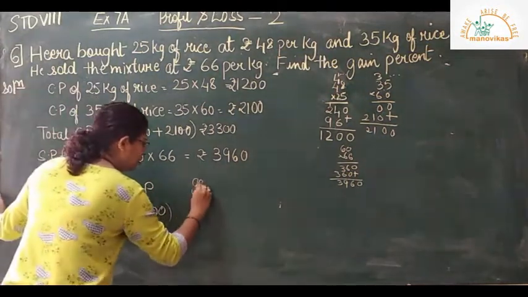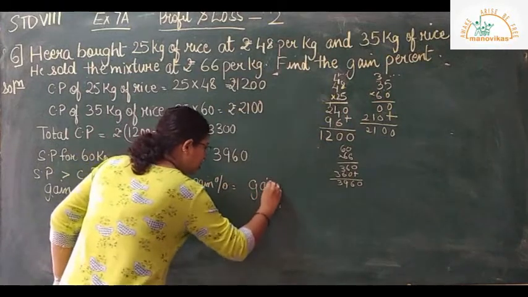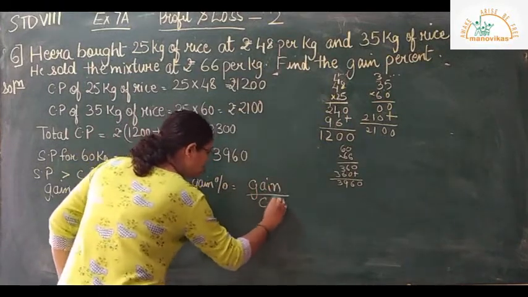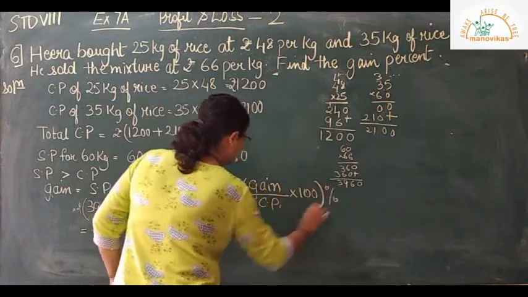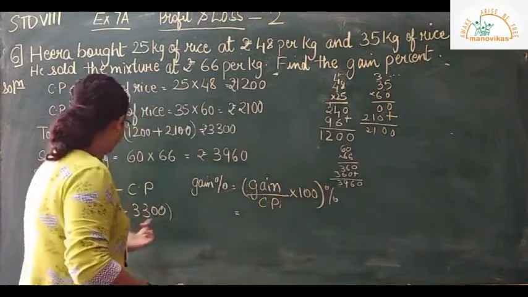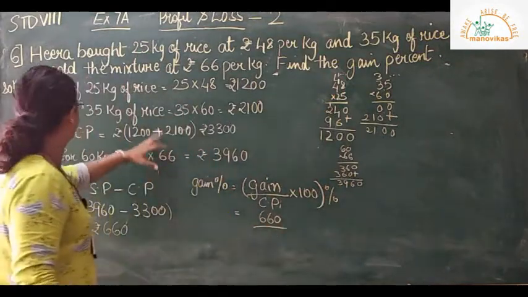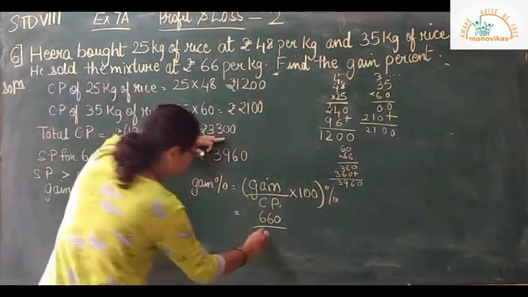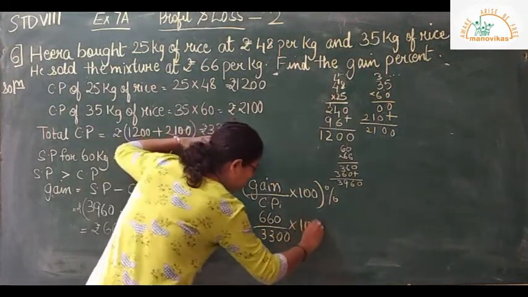Now the formula for gain percentage is gain divided by the cost price into 100%. So here gain is 660 divided by the total cost price, 3300, into 100%.